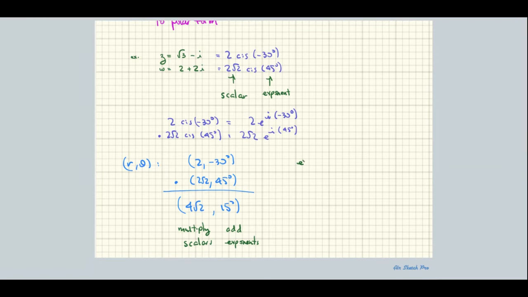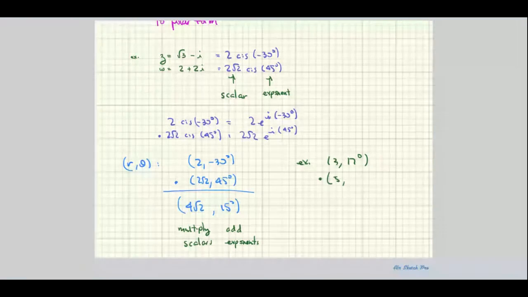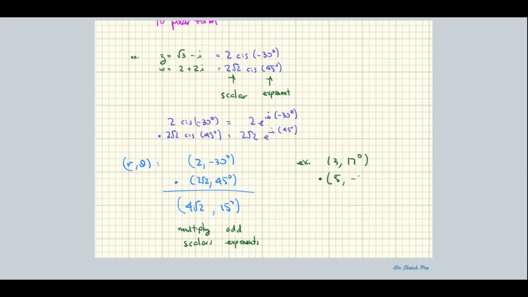Another example. 3 17 degrees times 5 negative 22 degrees equals 15. And then what do we do with exponents? We add them. That's negative 5 degrees.